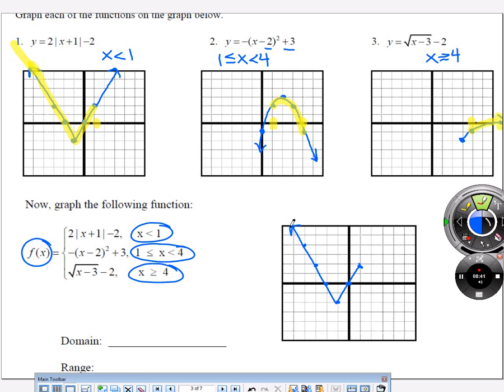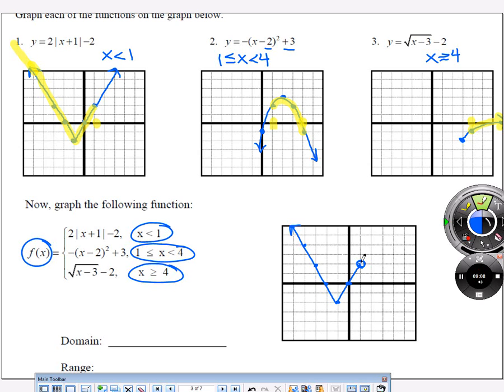Now, to get to Stephanie's question that she asked about, this only says x is less than 1. So right here where x is 1 and I'm trying to end the graph, what kind of endpoint should I have there if it just says x is less than 1 and it doesn't say x is less than or equal to 1? An open circle. So this graph needs to end here with an open circle. Okay?